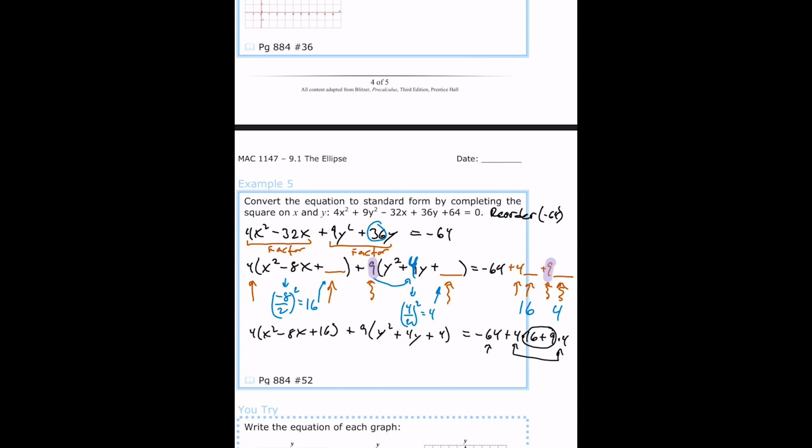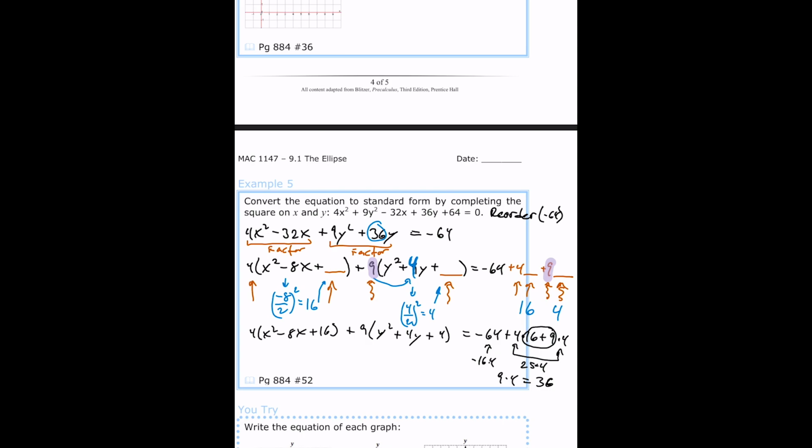Oh, but we're taking away 16 4s, and this is 25 4s. What's 25 minus 16? 9, so we're left with 9 4s, 9, 18. I think the right-hand side of our equation is going to become 36.